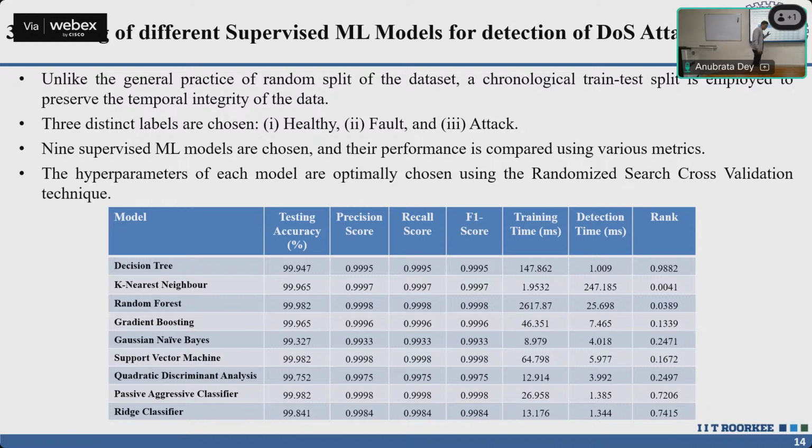AI or ML based algorithms, and we discussed that considering a few parameters, we can take different types of classifiers or algorithms, and we can do the detection part.